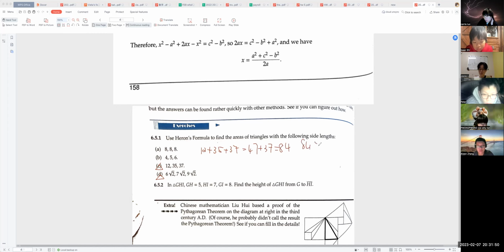So 84 divided by 2 equals 42. Okay, so that is the thing. And I want you to do S equals 42 here, write it on your paper.